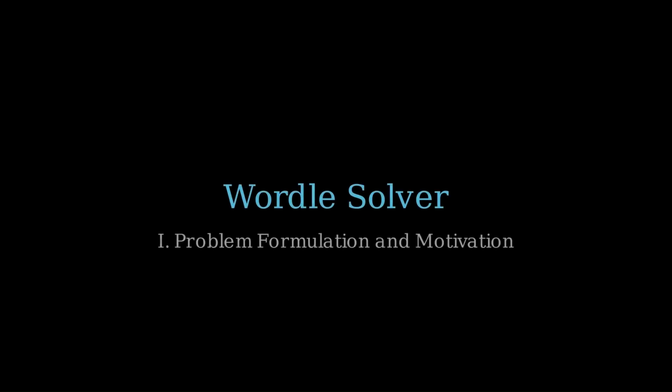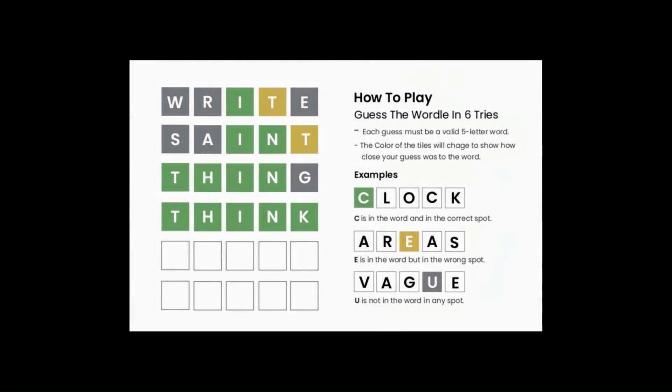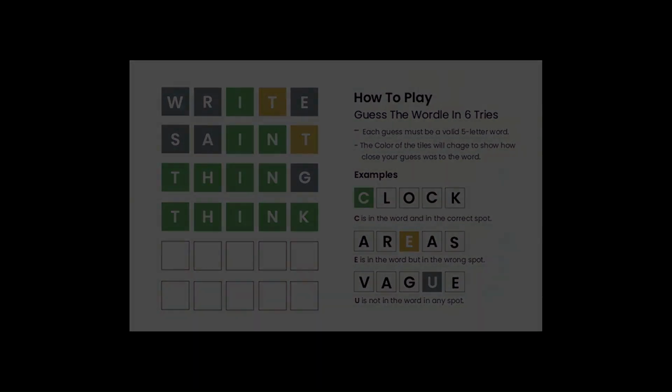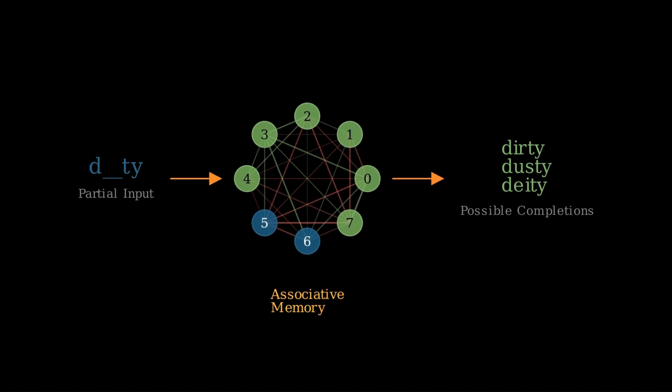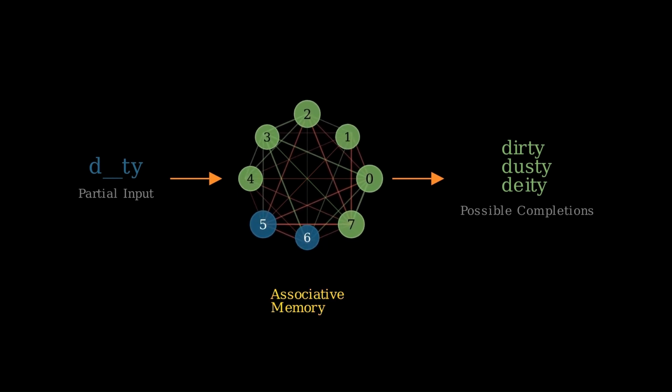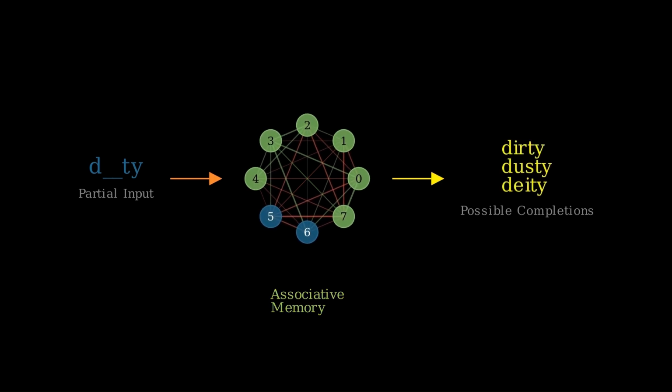Welcome. In this section, I'll explore an unconventional approach to solving Wordle using Hopfield networks, inspired by how our brains actually process partial words. When you see a partial word in your mind, your brain doesn't randomly guess. It systematically explores possibilities like deity, dirty, dusty, each triggered by spreading activation through your memory network.